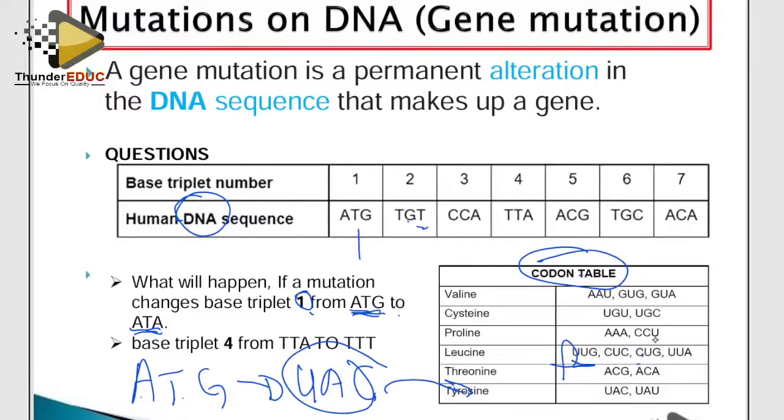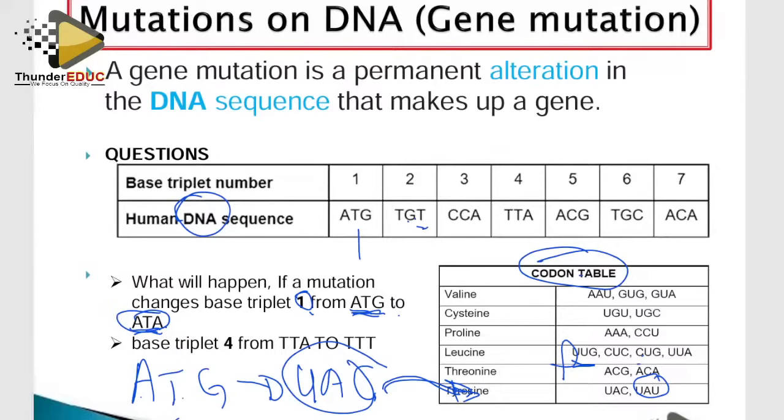UAC is tyrosine. Now you look at the one which has changed to ATA. You convert it into UAU. UAU is also tyrosine.